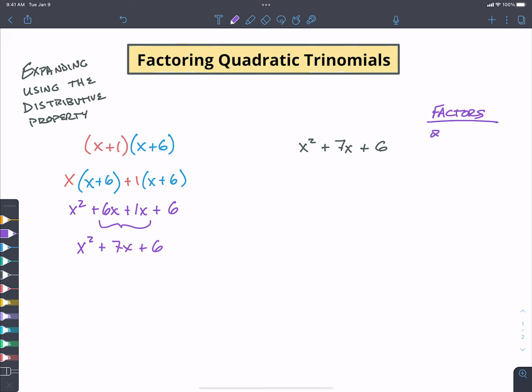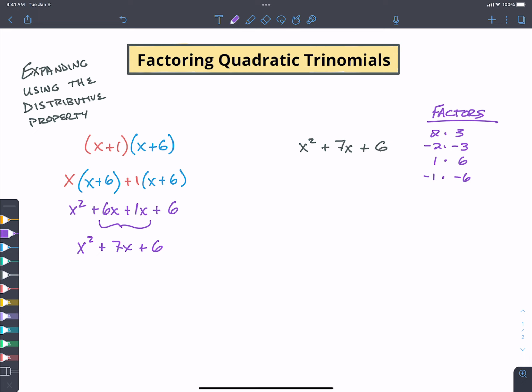So I'd have 2 times 3, negative 2 times negative 3, 1 times 6, and negative 1 times negative 6. All of those are our different factors to multiply together to get 6. And I'm going to look to see which one of these add together to get 7.